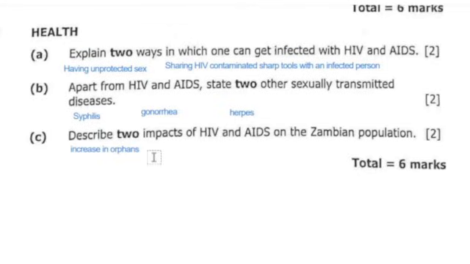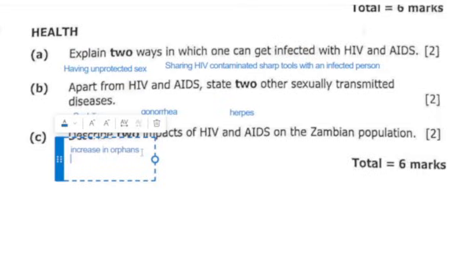So we asked to describe impact of HIV on the Zambian population. One, increase in orphans. So we have a lot of orphans with the introduction of HIV.